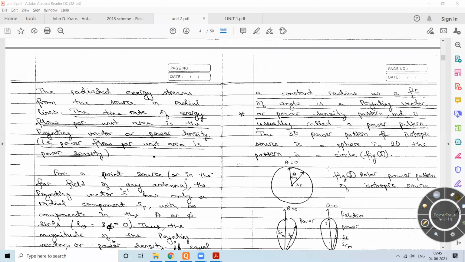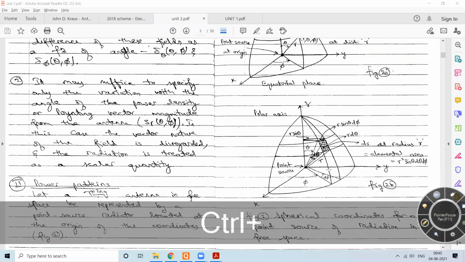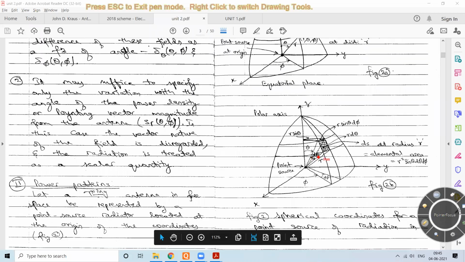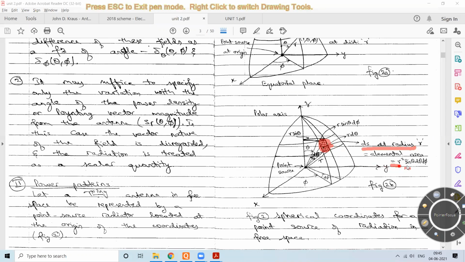And in the previous session, we had seen what this ds is equal to. Here you can observe the small elemental surface area on the sphere, and through this we are considering the radial component of the power density. Based on that, we had observed that ds is given by r square sine theta d theta d phi.